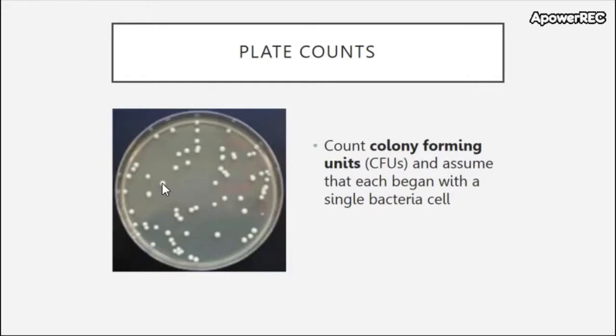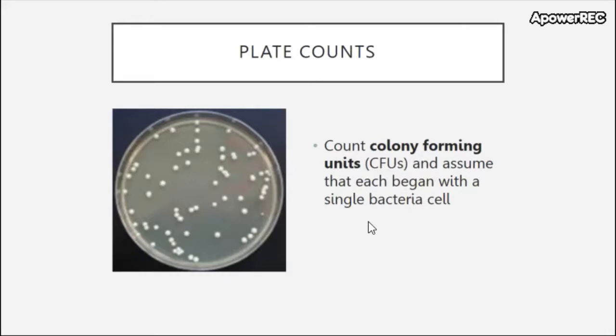What these represent are, on average, a single bacterium that lands on this spot on the plate and makes an entire colony out of it. So you're looking at thousands and thousands of bacterium in each one of these colonies. So that's why they're referred to as a colony forming unit.